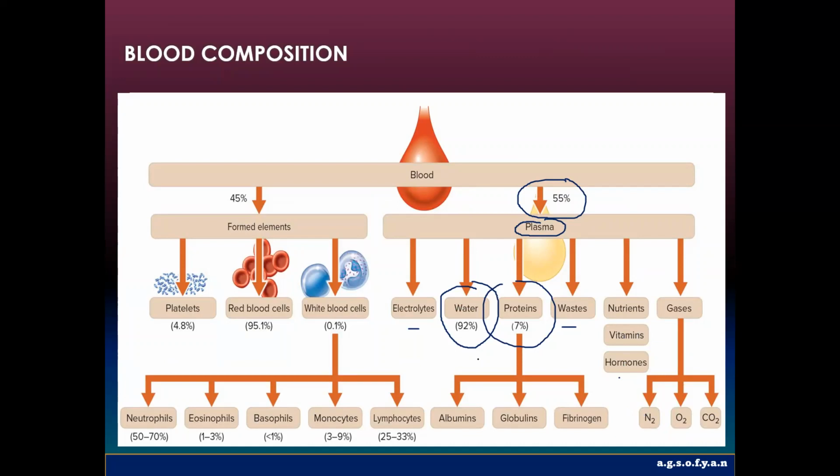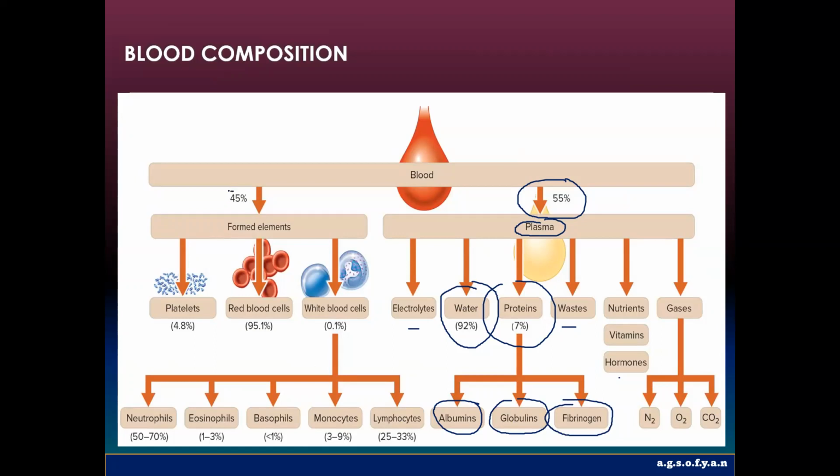And for the proteins, again, the most abundant one is albumin, mostly for transportation, globulin for the immune system or protection against disease, and fibrinogen for protection against loss of blood or for blood clotting.